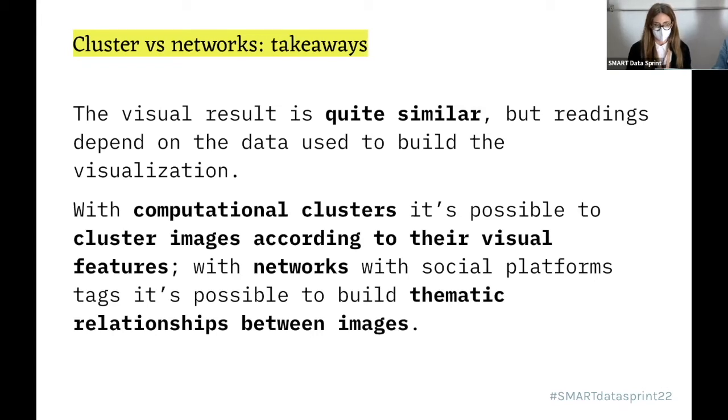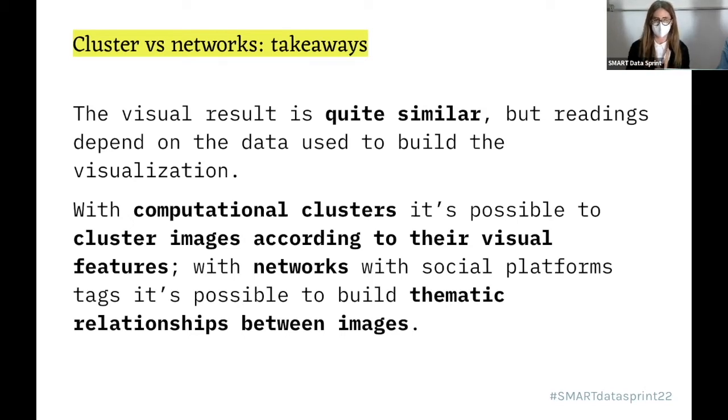Even if the result is quite similar, the readings of the two visual models change. On one hand, with clusters, images are grouped according to their visual and formal features. On the other hand, with networks, they are grouped together depending on their thematic relationship.